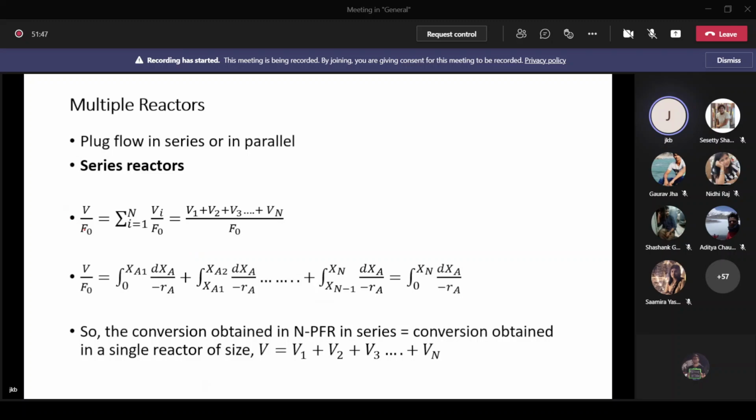And in the design equation and in the plot we have seen, if minus 1 by Ra is plotted as a function of conversion, we have seen that it is 0 to XA1. If the conversion in the first reactor is XA1, you will get this area. So if n reactors are arranged in series, you will get the total volume considering the cumulative volume of each reactor.